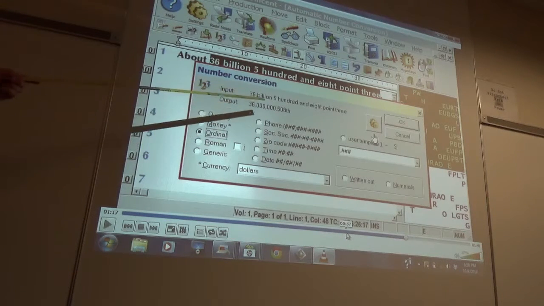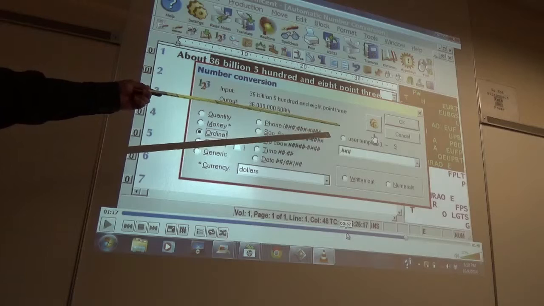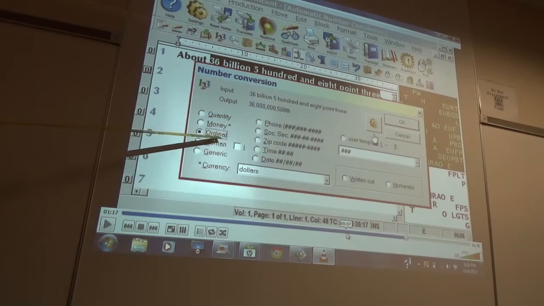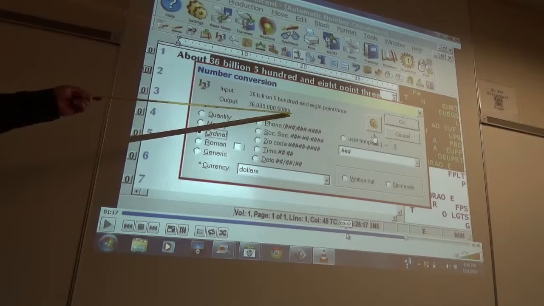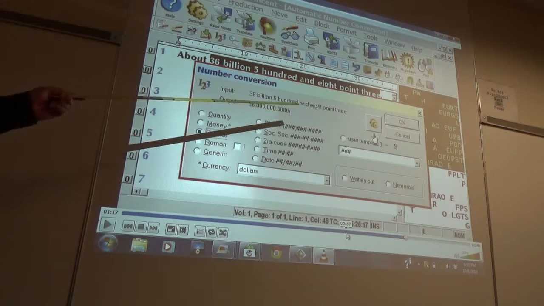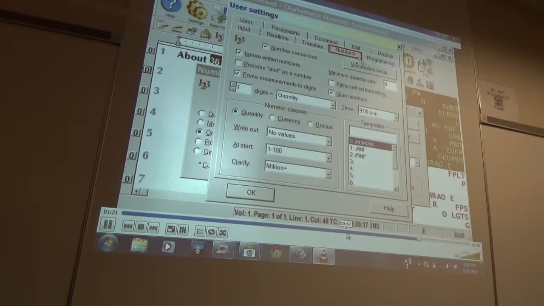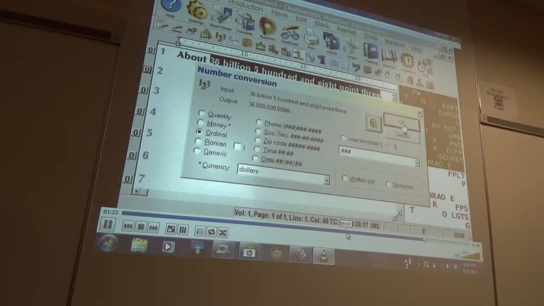So when it comes in here, it's going to tell you what you input, what you globaled, what it's going to change it to, which is an ordinal because it has the TH at the end. Or do you want it in money, whatever? You understand that? The gear icon takes you quickly to adjust those settings.